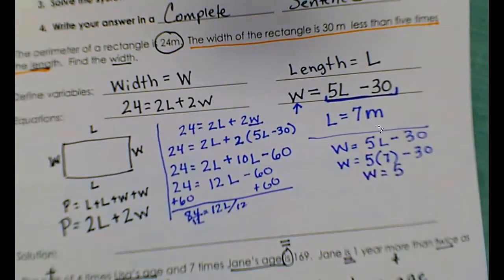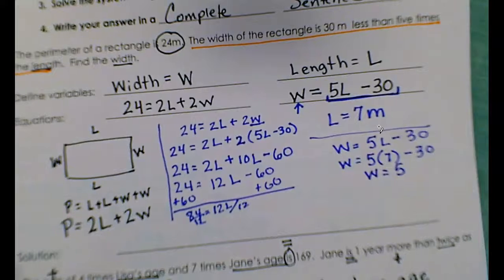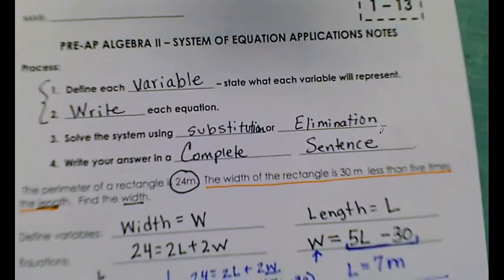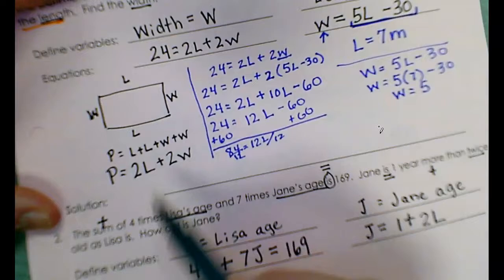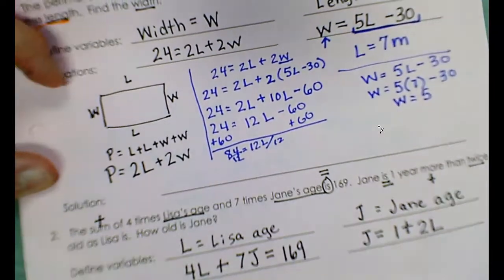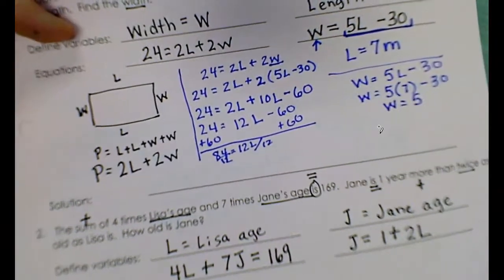Are we done? Up at the top of your page, what does it say that part 4 is? What does it say we are supposed to do? So, the solution is not 5. The solution is not 5W.